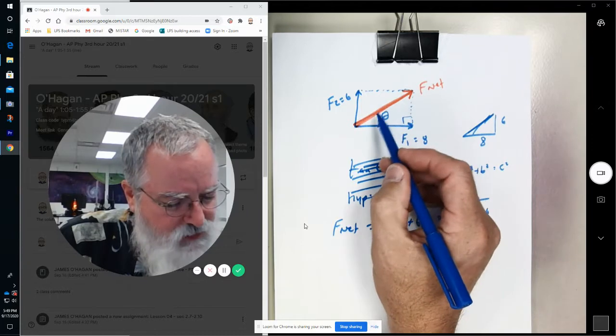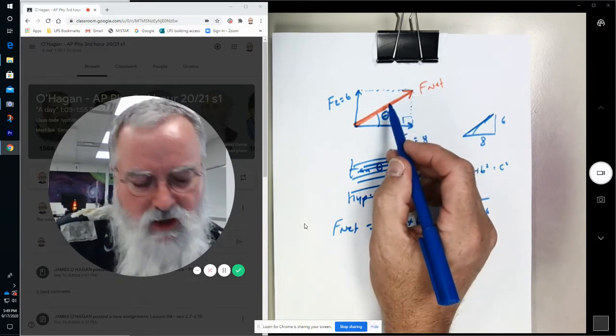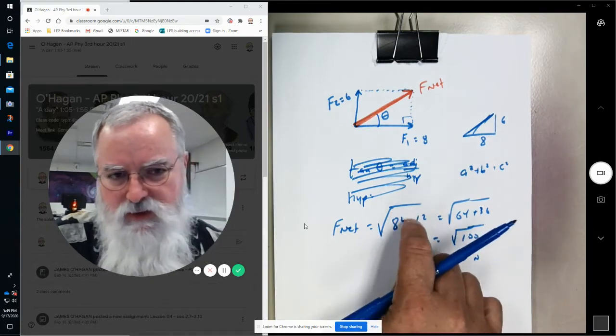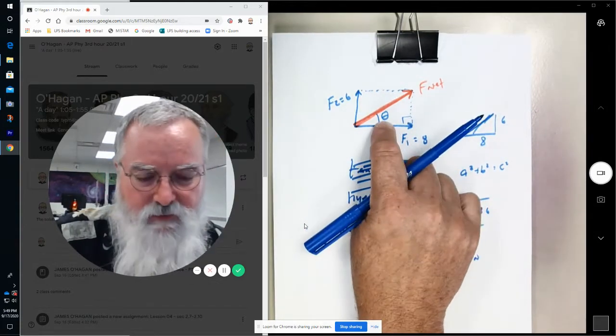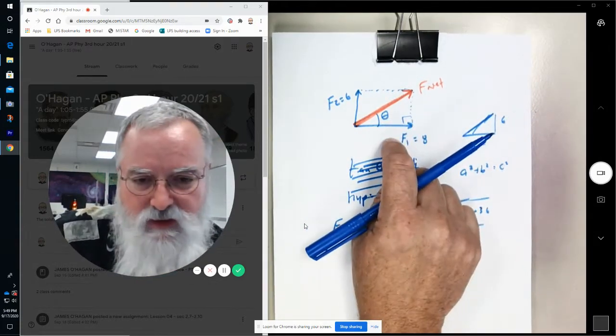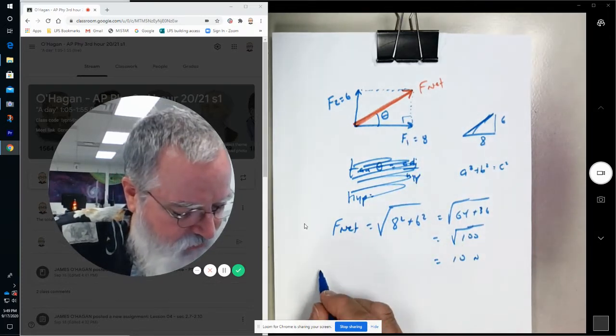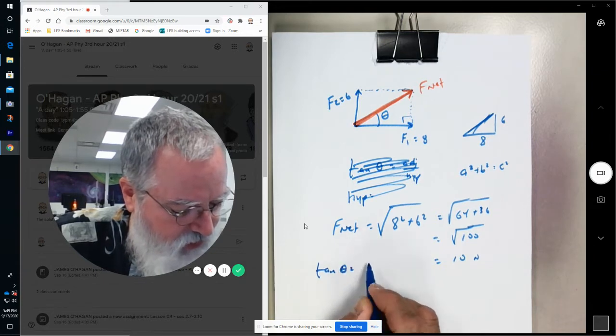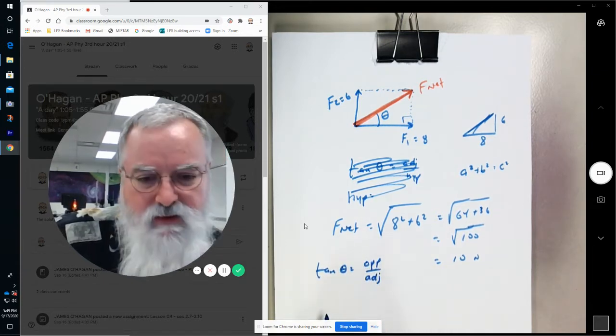I'd rather not use my result for the net force, the one I did the calculation for, because if I screw up this calculation, I don't want to use that screwed up number again to find the angle. So I'm going to use the opposite side and the adjacent side. That ends up being the tangent function. Tangent of an angle equals the opposite divided by the adjacent.